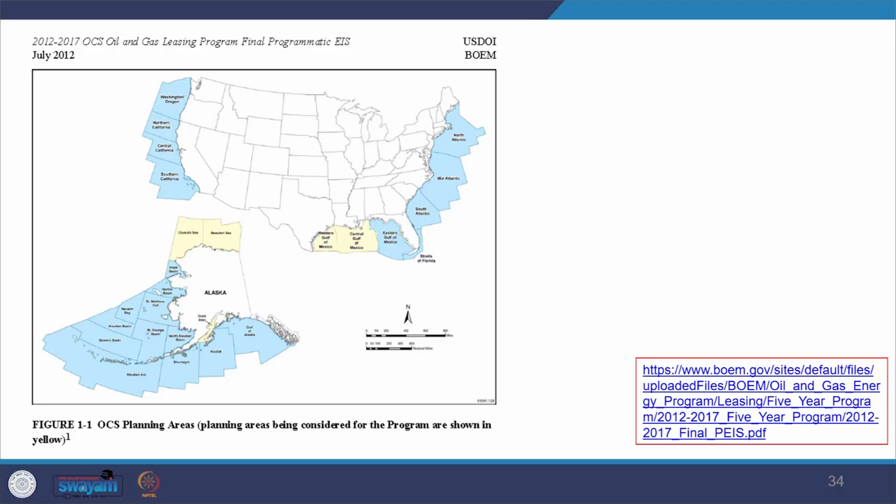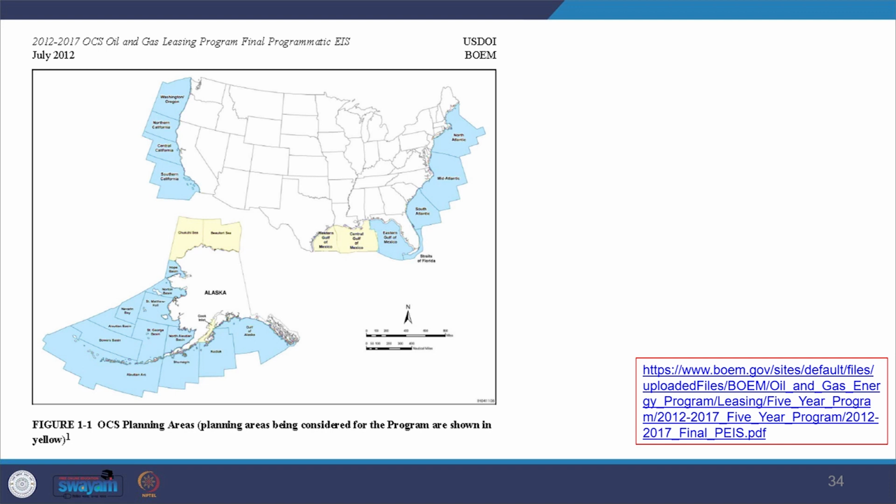So here when we see the planning area map, you can see all the yellow area which will be for their assessment purpose. And within this, their scope is, for the purpose of preparation of this impact statement, they would only base it on the current, available, and reliable scientific information.